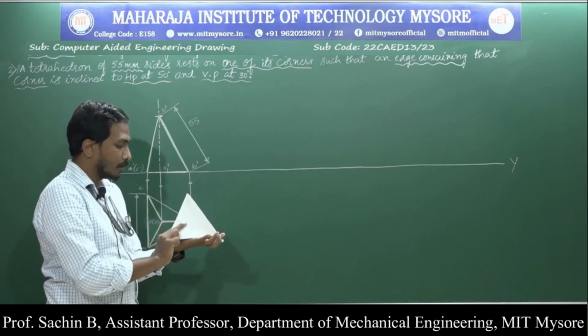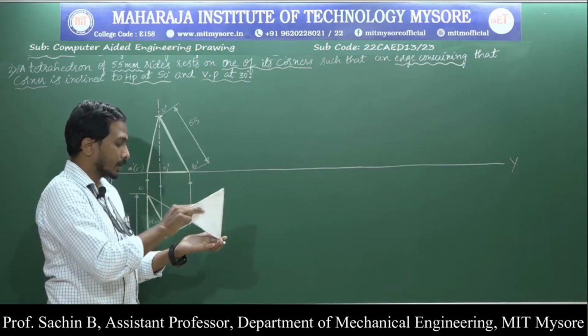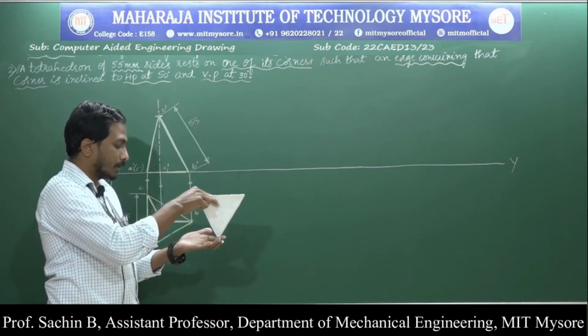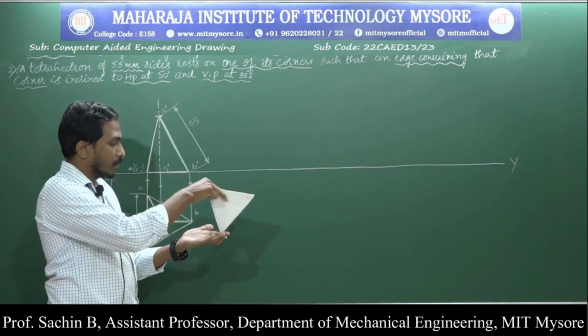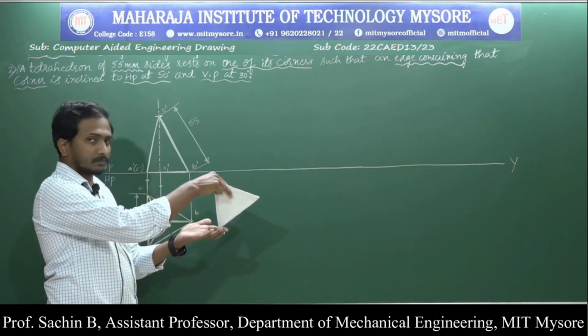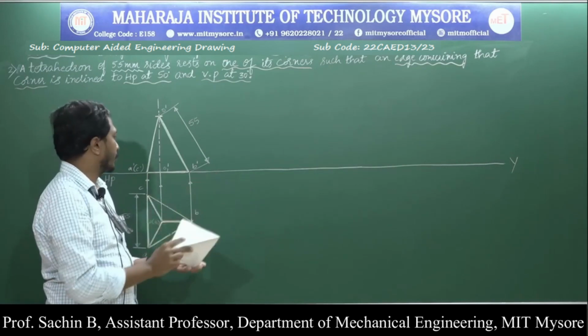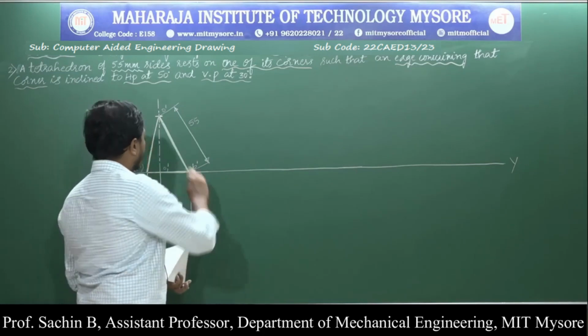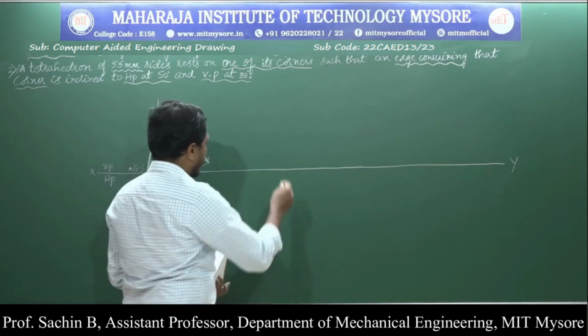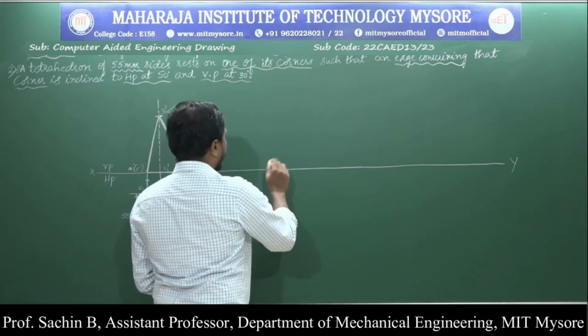Now I am keeping the object in the first position like this. In the second position, by keeping that corner on the horizontal plane itself, I am rotating the object by an angle of 50 degrees. Now I am going to measure from B dash to O dash a length of 55 mm. We already know that.